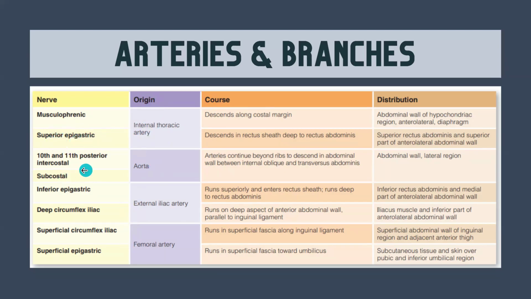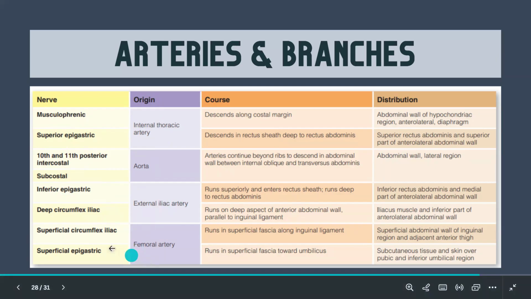The aorta actually has three, I would like to say: the 10th, 11th, and 12th posterior intercostal. The external iliac has the inferior epigastric and deep circumflex iliac. The femoral artery also has two, superficial circumflex iliac and superficial epigastric.